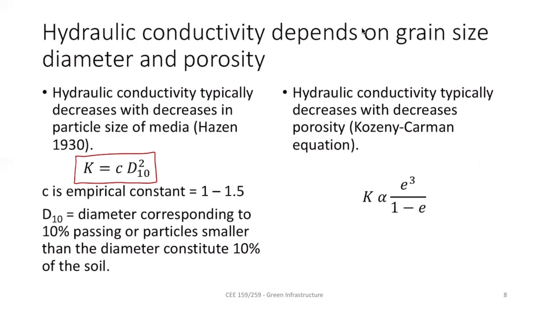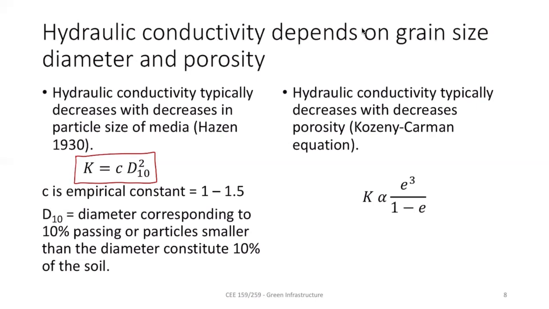And C is an empirical constant, determined experimentally or from the data that you receive for your system. D10 means the diameter of the particles for 10% passing, meaning anything below that size will constitute 10% of the raw materials.